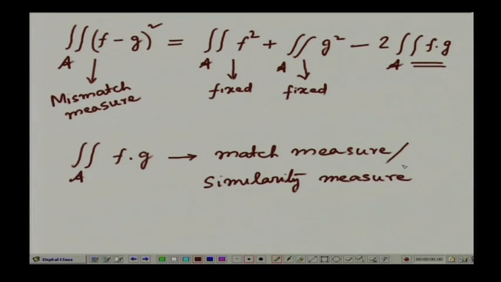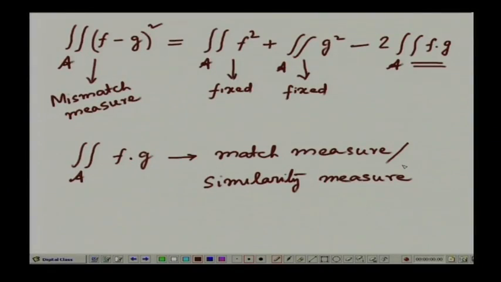This means that whenever the given template matches the best in a particular portion of the given image g, the double integration of f into g over the region A will have a maximum value, and we take this as the similarity measure or the match measure.